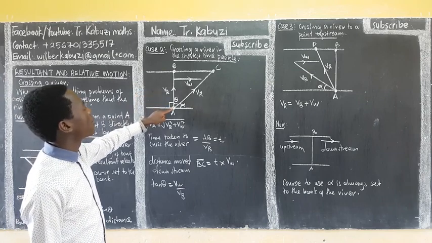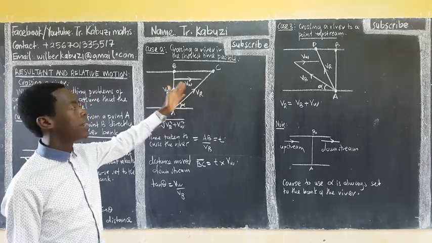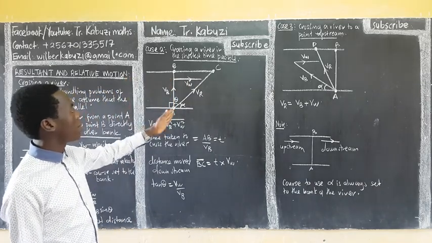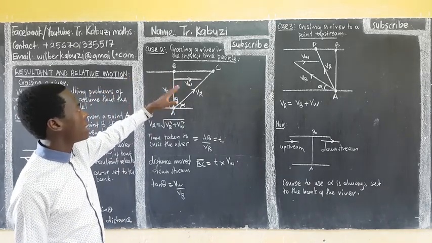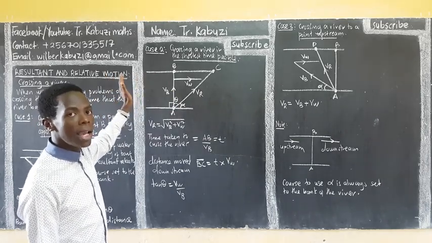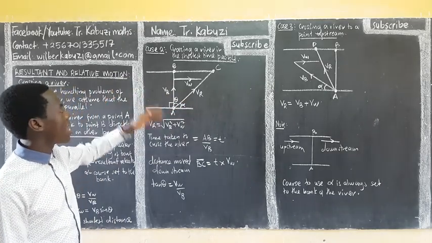This one is called the downstream and this one is called the upstream. Where water is coming from, we call it the upstream. Where water is going, we call it the downstream.